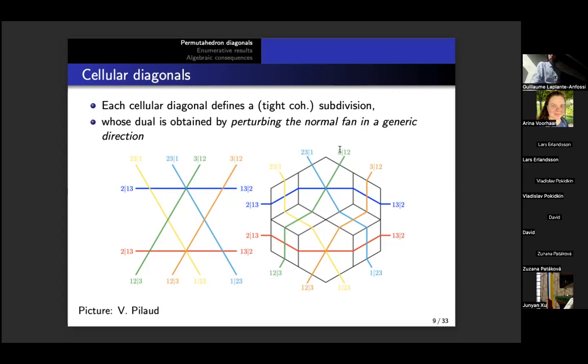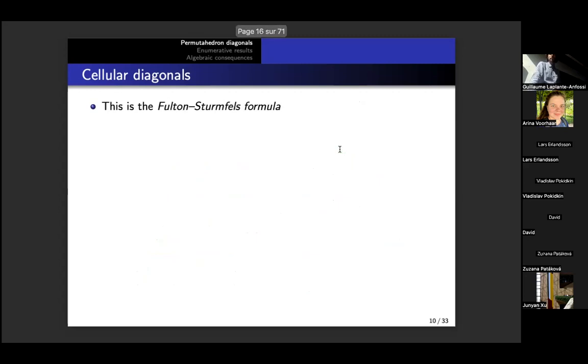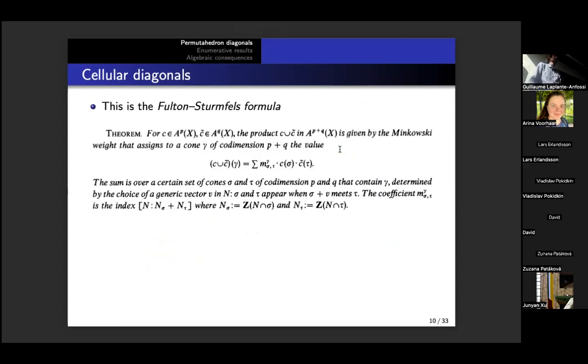And so this actually appeared in algebraic geometry. This is called the Fulton-Sturmfels formula. This is from a paper in '97, called Intersection Theory on Toric Varieties, where Fulton and Sturmfels define, so their goal is to define a cup product for toric varieties, but which are not necessarily smooth.